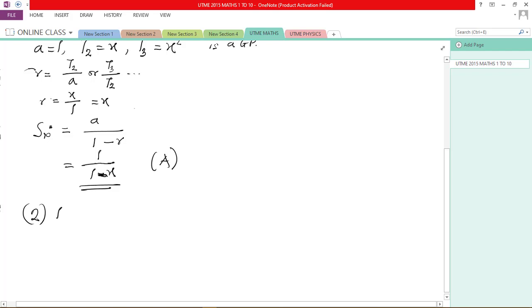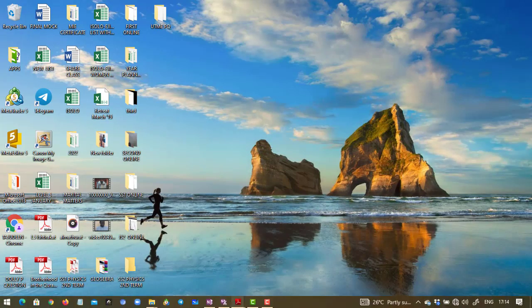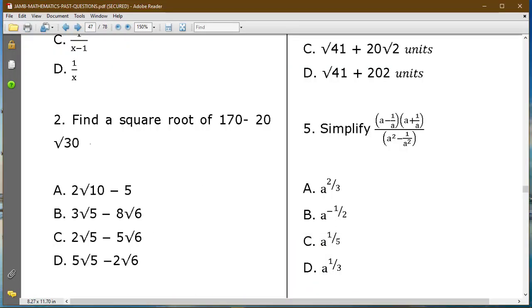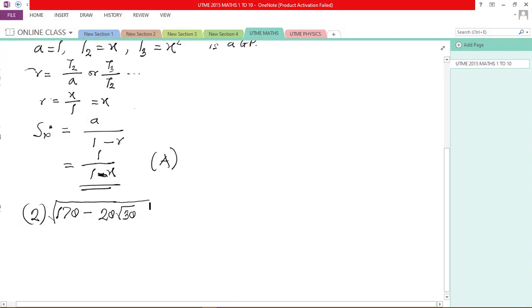They said that we should find the square root of 170 minus 20 root 30. So that means we are looking for the square root of this.